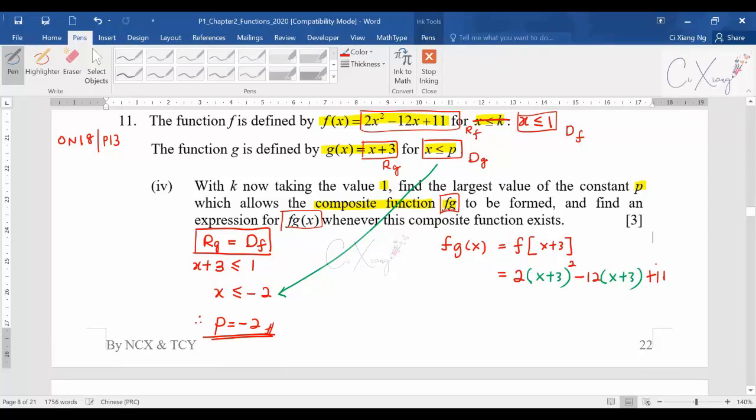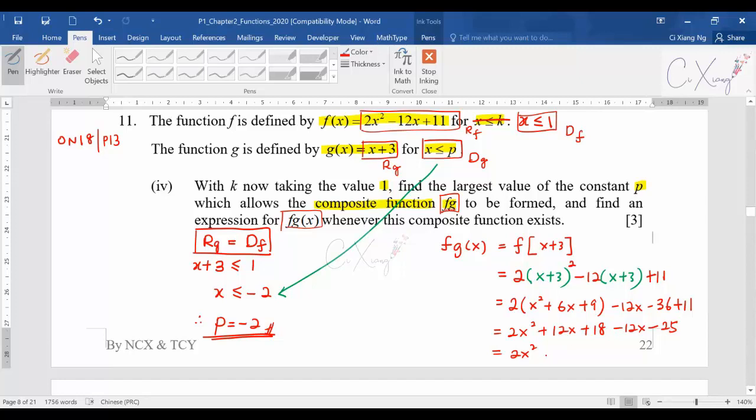After that, you just expand everything. I didn't have the answer with me, so I will expand it for you. 2x squared, plus 12x plus 18, then minus 12x minus 36, plus 11. The 12x minus 12x becomes 0.